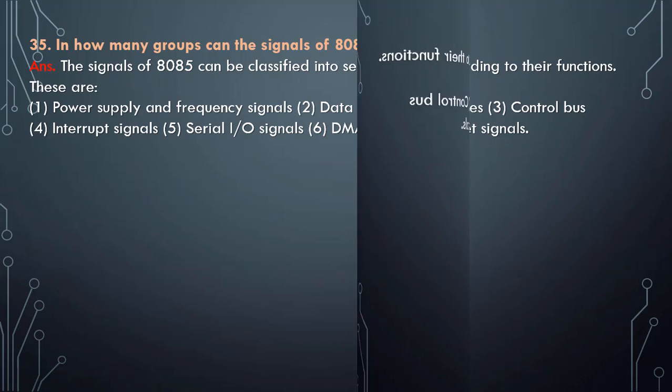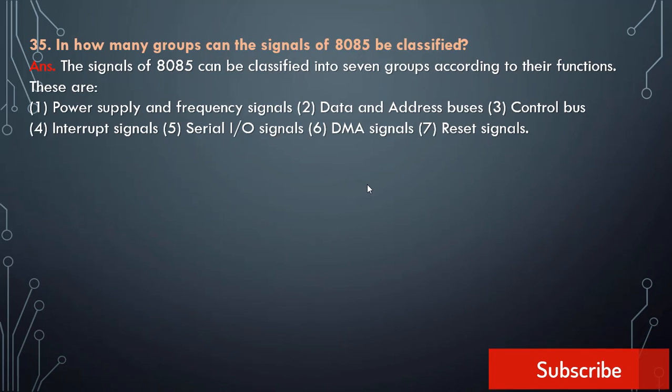The next question, in how many groups can the signals of 8085 be classified? The signals of 8085 can be classified into 7 groups according to their functions.